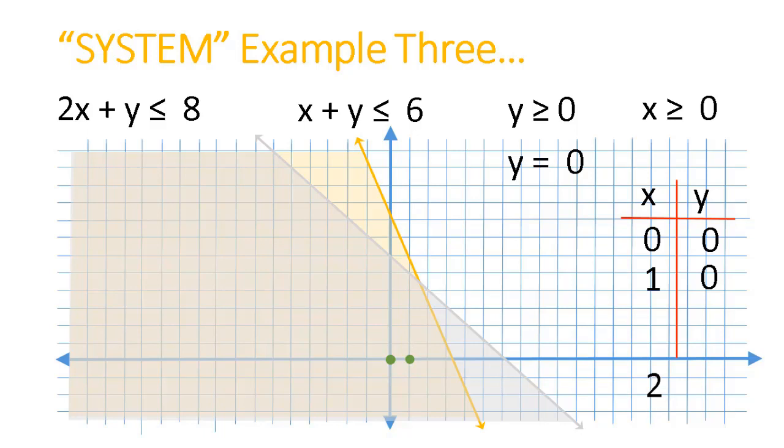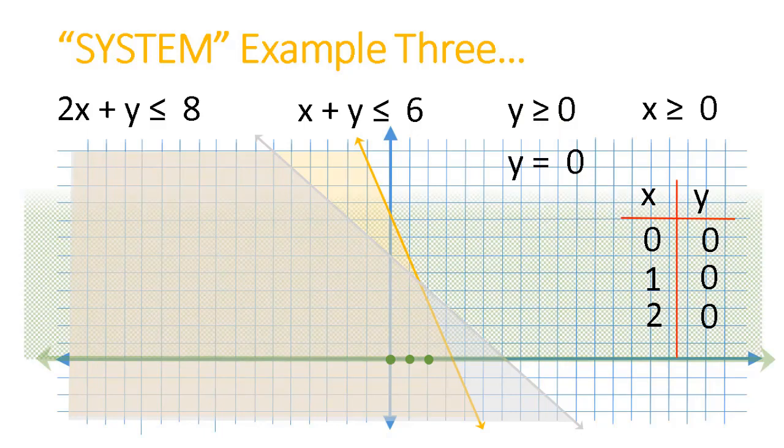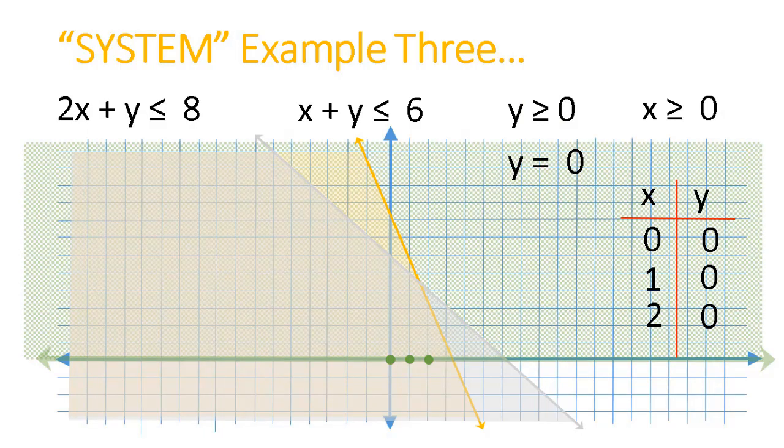And finally, 2, the point over 2 and up none, goes right here. I shade above because it's y is greater than. This time I shade above, don't I? It's a solid line, and I draw the line and shade above. Oh my, where do they all cross?